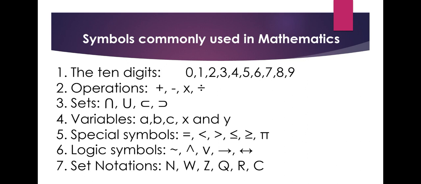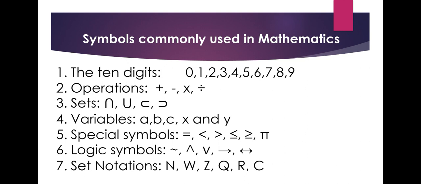And then next is the logic symbols, which is pag-aaralan din natin sa mga susunod na week pa. Pero, ito yung pinaka-common na ginagamit natin sa logic symbols. Yung unang symbol, meaning niyan ay negation.